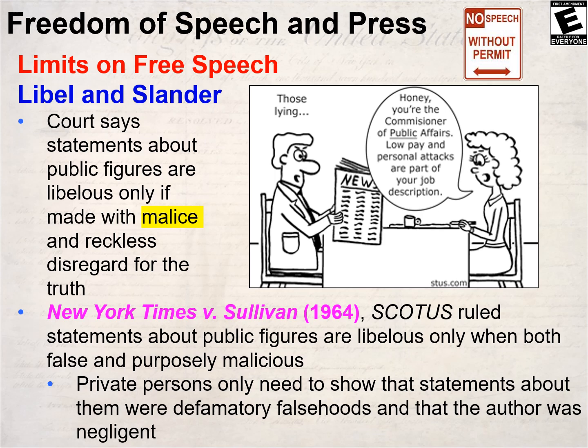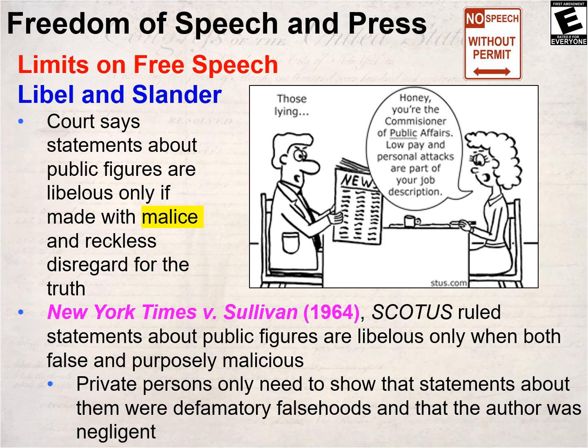In other words, you have to know that what you're writing is false, and you have to print it anyway, and maybe the whole time you're doing it, let out an evil laugh or something, okay? This is tough to prove, though. So when it's a statement about a public figure, it's libelous only when it's false and purposefully malicious. You have actual malice intended.